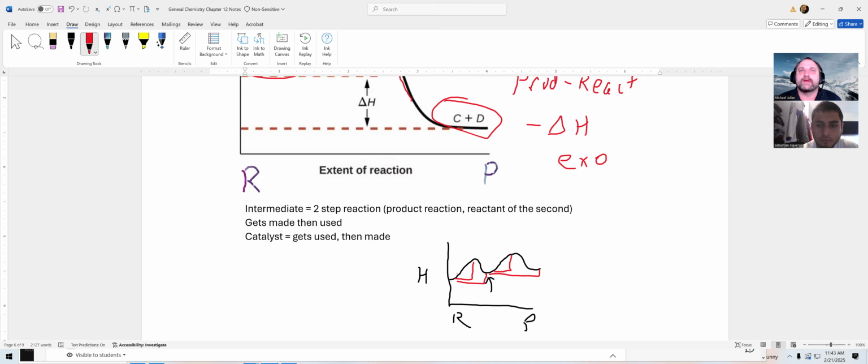So this one's going uphill. If it's going uphill, it'll have a positive delta H, and that means it's endothermic. But a catalyst lowers the hills, and an intermediate is this temporary product. It gets made, then it gets used up. We do have what we call the transition states.